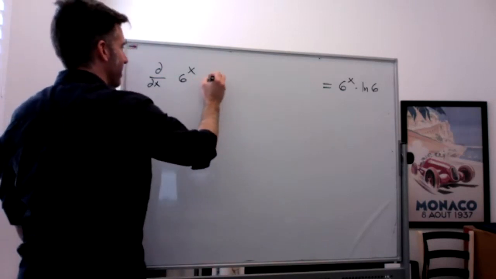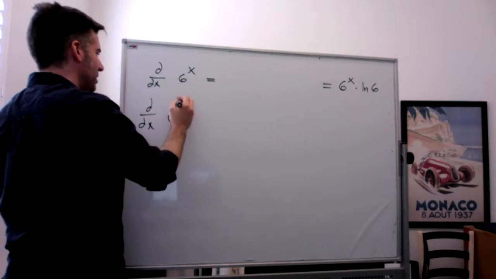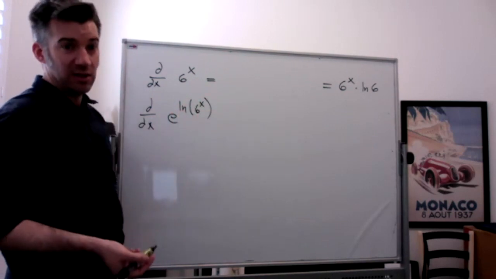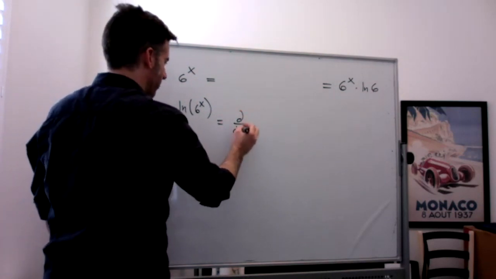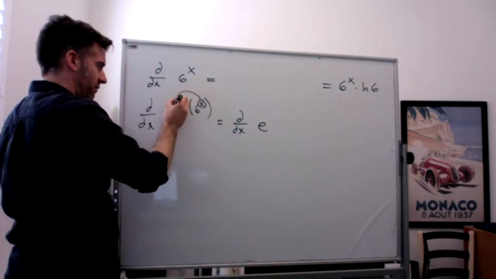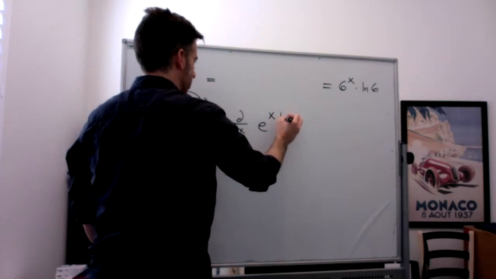You can rewrite this as the derivative of e to the natural log of 6 to the x. And then you can use the logarithm rule to say, okay, that's the derivative of e to the, bring that x down in front of the logarithm. So it's e to the x times natural log of 6.